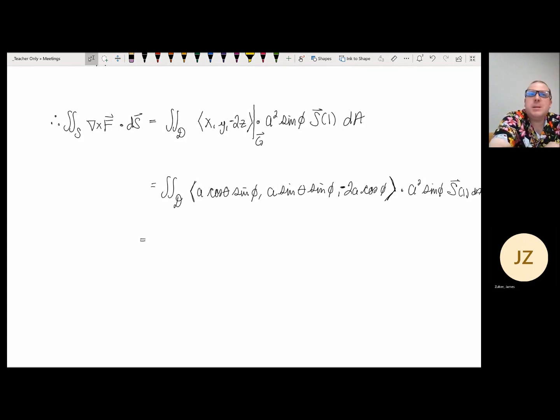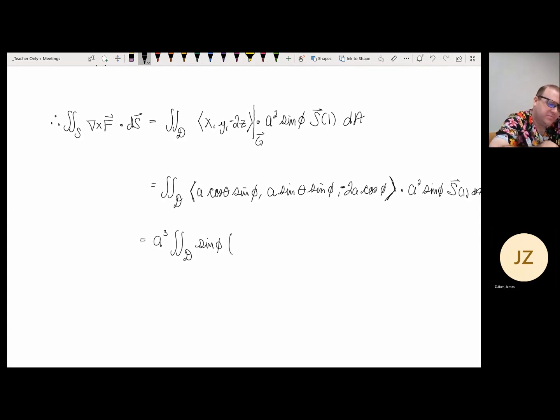Now we get to do the dot product. Gonna make life slightly simpler. Can factor out an A. And remember, when you do dot product, if you have scalar multiples, you can take the scalars, multiply them together, and then do the dot product of the remaining vectors. We're going to get an A cubed. And A is constant, so factor it out. Gonna have a sine phi common.